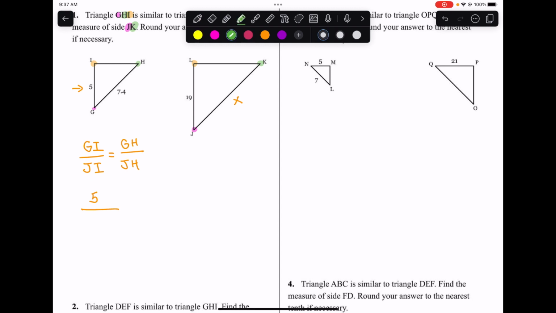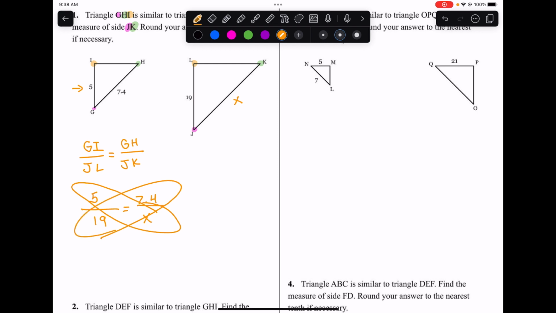Hold on, I wrote JI, it should be JL. JL is 19. I did the same thing here, so it's not JH, it's JK. GH is 7.4. And now I don't know what JK is, so that is my X value. So now this is a proportion. In order to solve a proportion, we have to cross multiply.